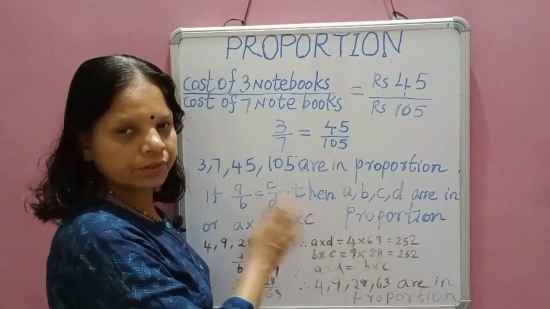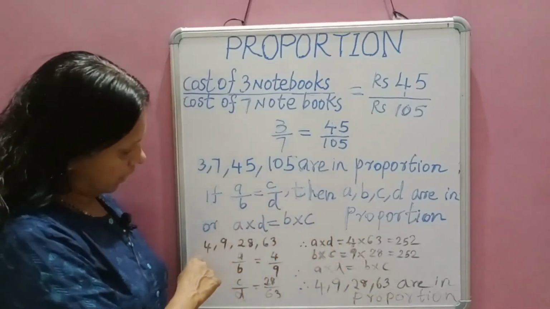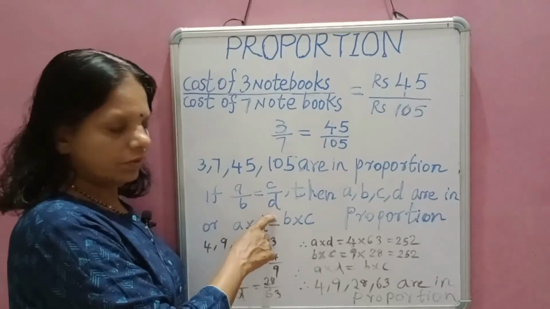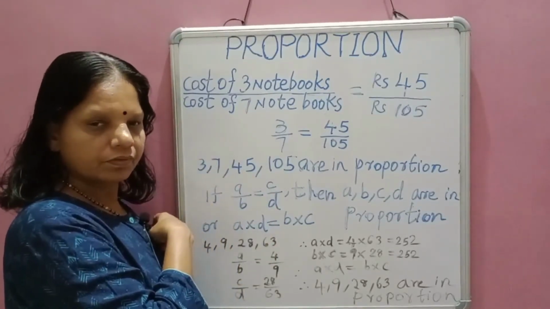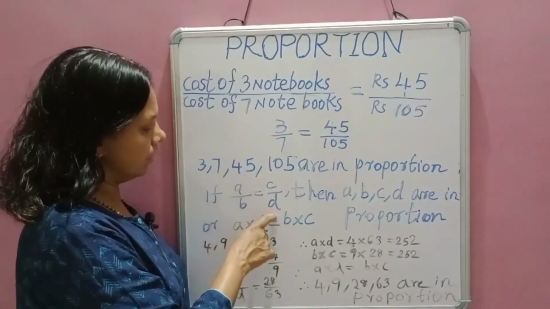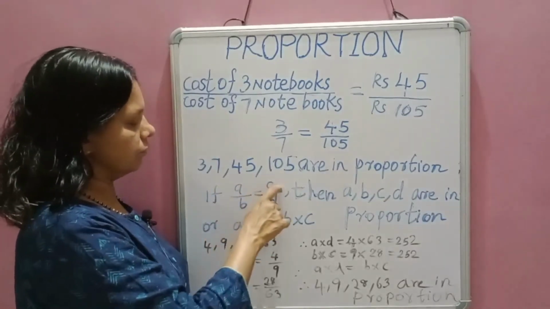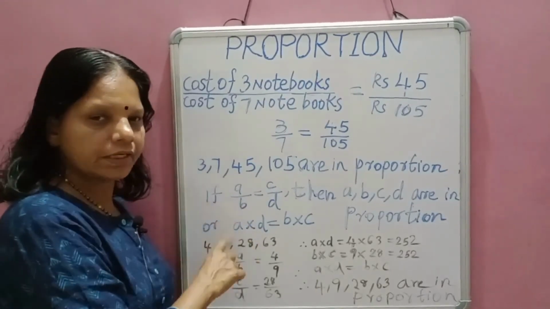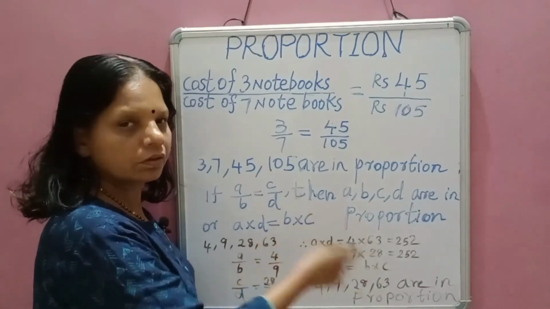So ratio and proportion are not the same. Clear? Again, we can find the cross product, as you have studied while comparing fractions. If A upon B equals C upon D, then A into D equals B into C. Or if A into D equals B into C, then A upon B equals C upon D. Using that, we can check whether the given four numbers are in proportion or not.